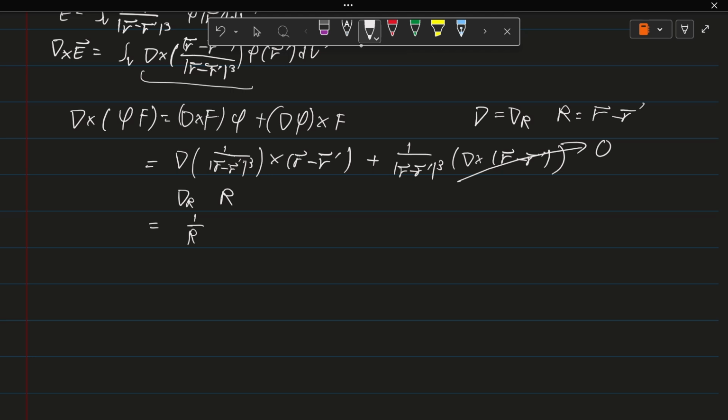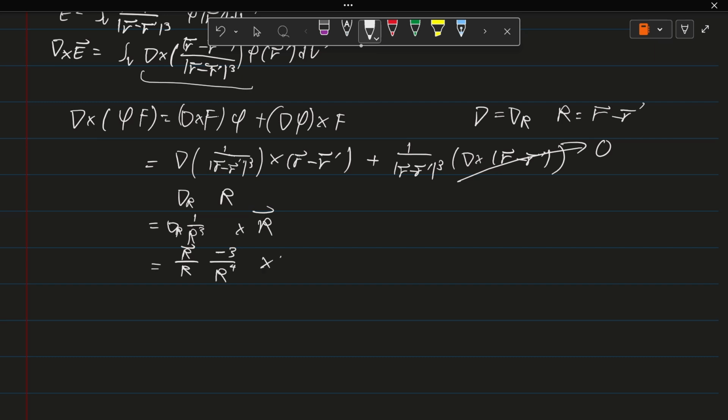We are trying to figure out the gradient of this 1 over r cubed, crossed later with the r vector. Just doing this and remembering the formula, this would be the r vector over r, and the front part would be the derivative with respect to r, which is negative 3 over r to the power 4.